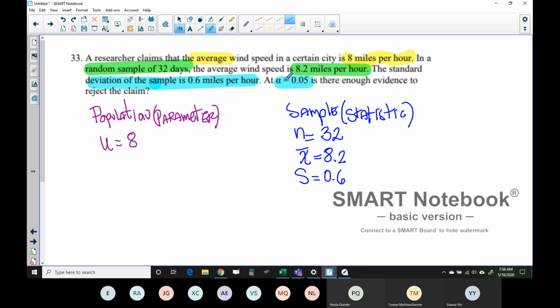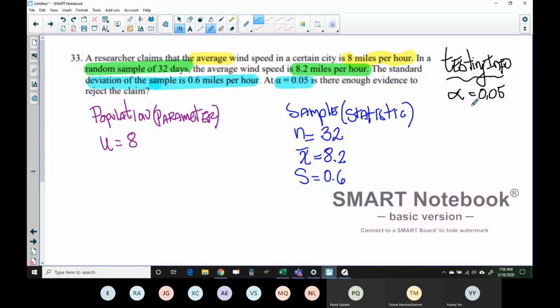And now this is the testing information. So let's write that over here as testing information. The information that we need to do the testing, which is alpha, 0.05.